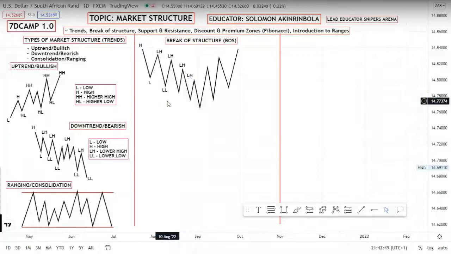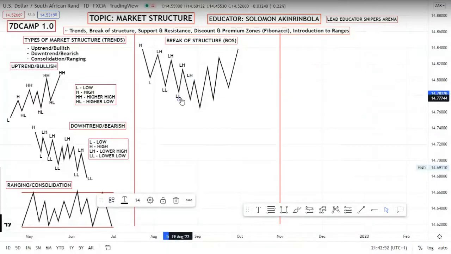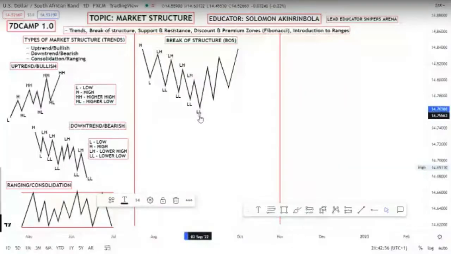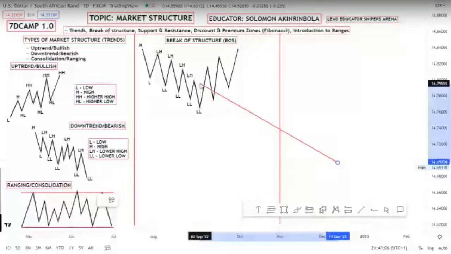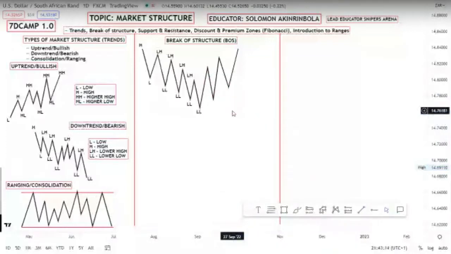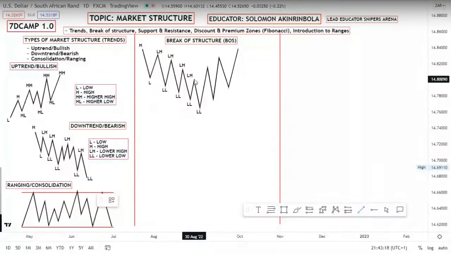Guys, it will never be picture perfect like this on charts. After that, instead of price respecting this region, coming somewhere close here and going down, price blasted through. You understand? So when price blasted through, we call that your CHOCH.